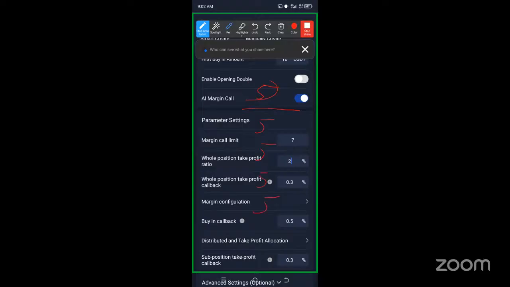First buying amount, it is 5, 10, 15, 20, 25. It means that when it buys 4 margin calls plus this and market goes up, it will sell total of $20 and it gives you 2% of $20. You will see that profit in your wallet.